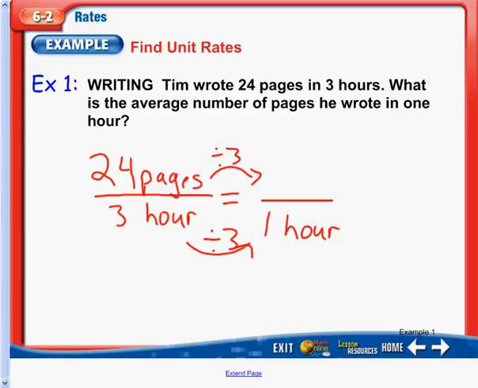So now we have 24 divided by 3 is 8, and the label stays as pages. So we have 8 pages per 1 hour, or we can rewrite that out, just as I said it, 8 pages per hour. And that's our answer. That's how your basic work is going to look as well.